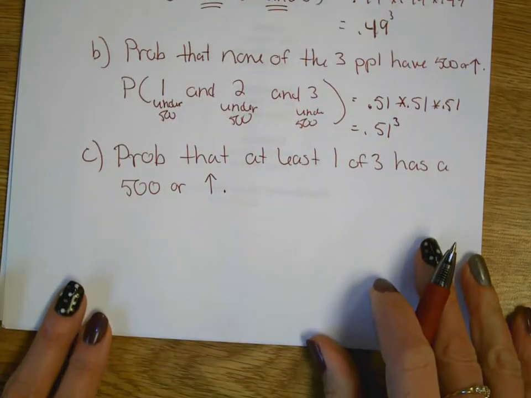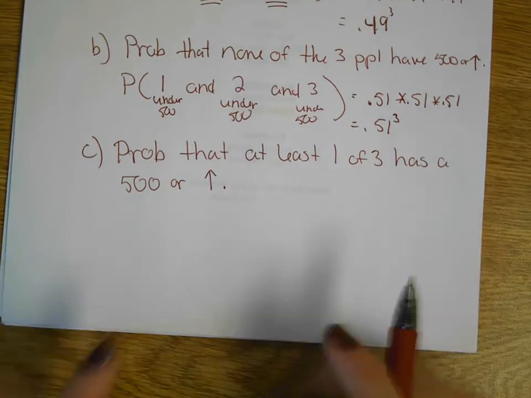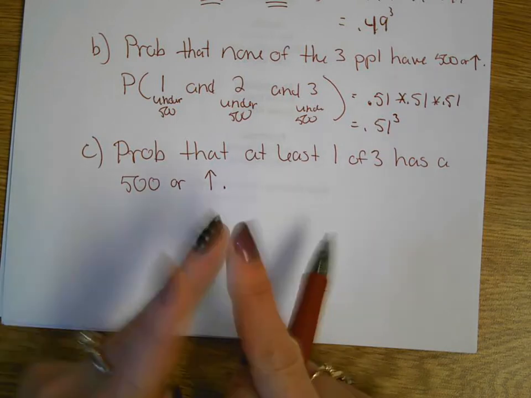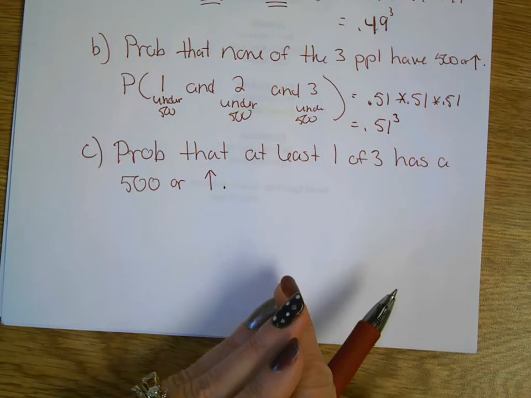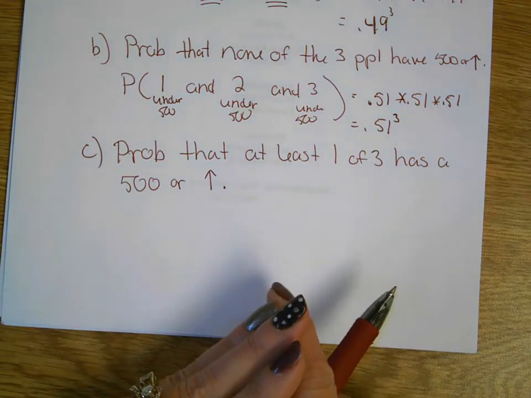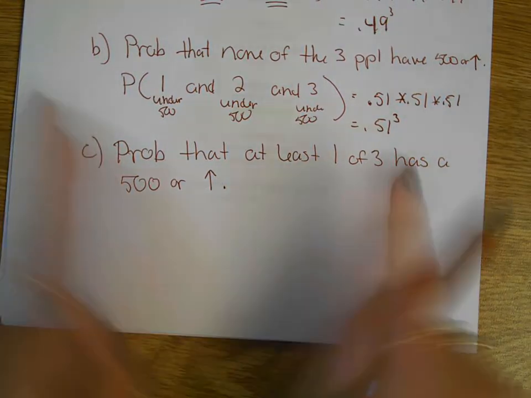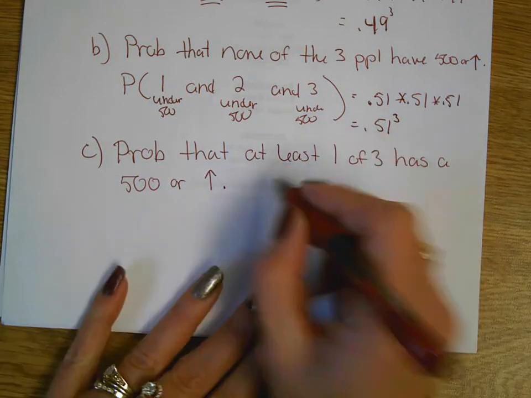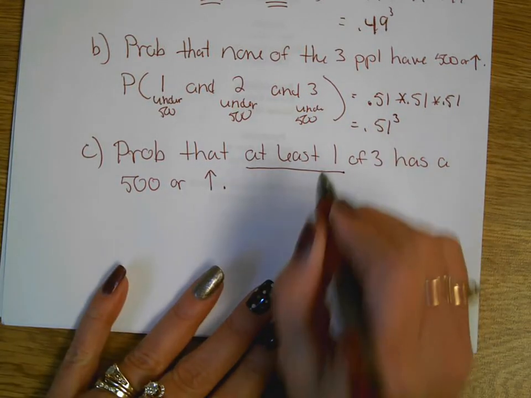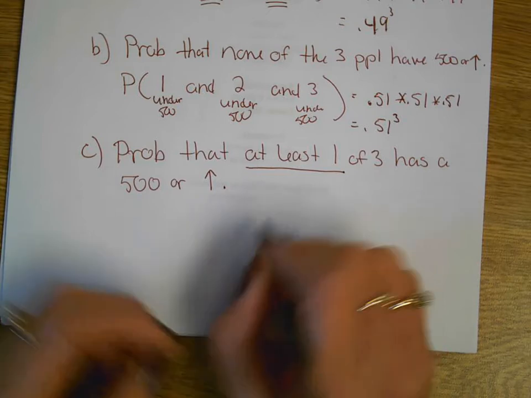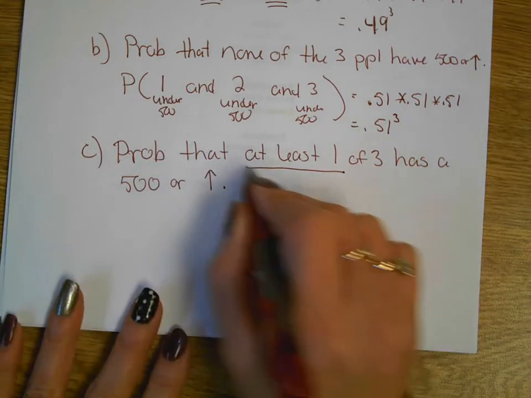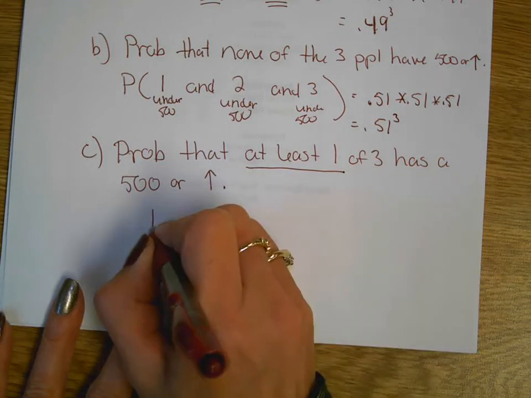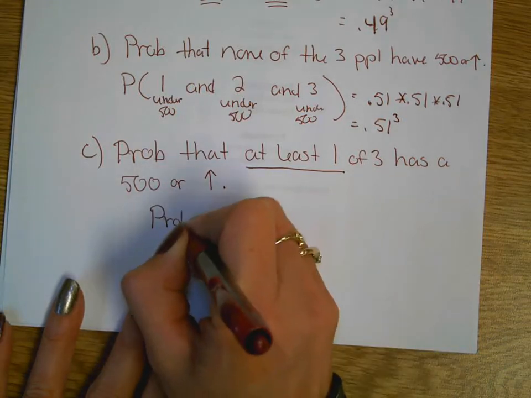Okay, at least one means I am looking for either one person or 2 people or 3 people. That's a big OR situation. There's a lot of probabilities to do there. So the best thing to do is the complement to that. If I'm looking for at least one, that's every single situation except for none of them having a score of 500.